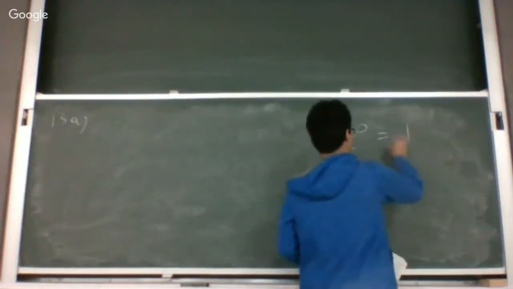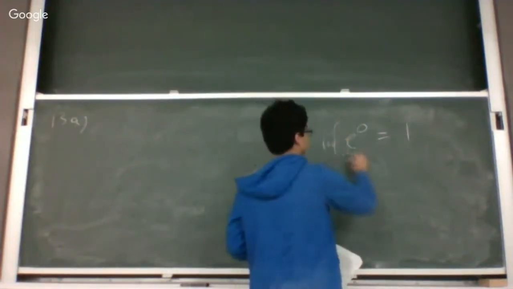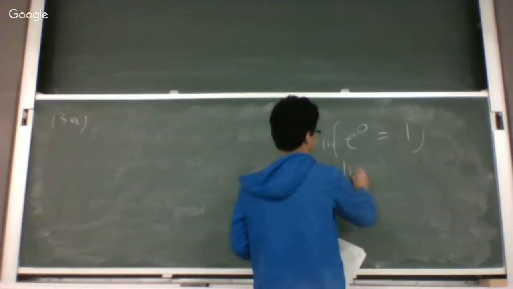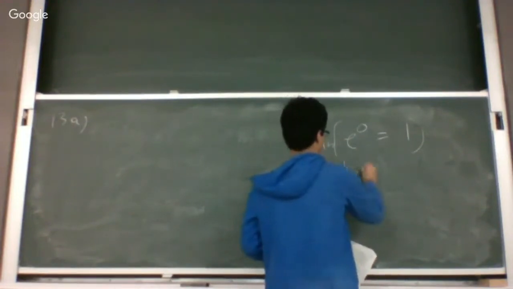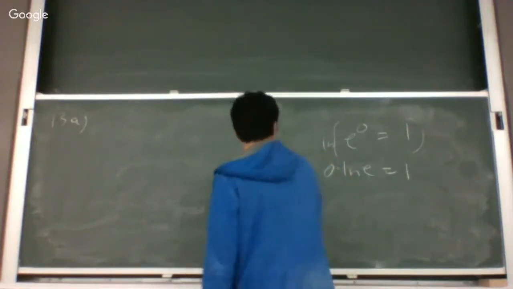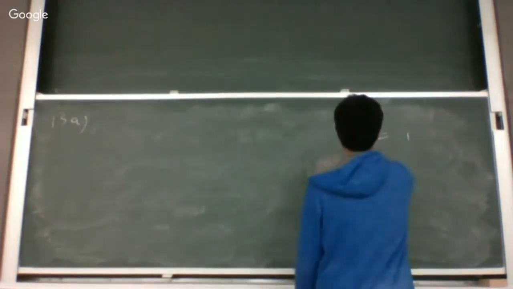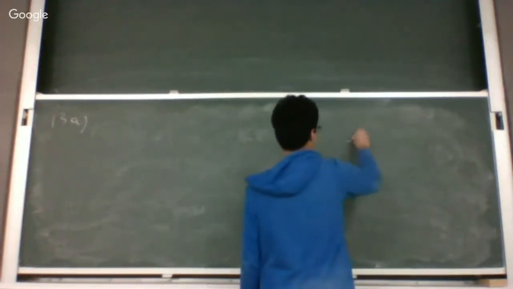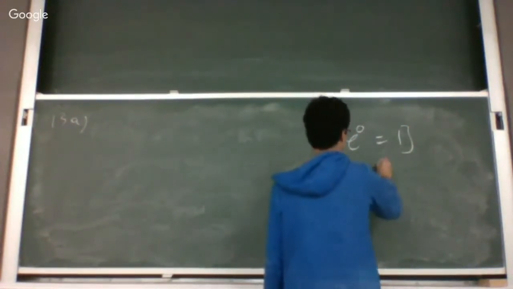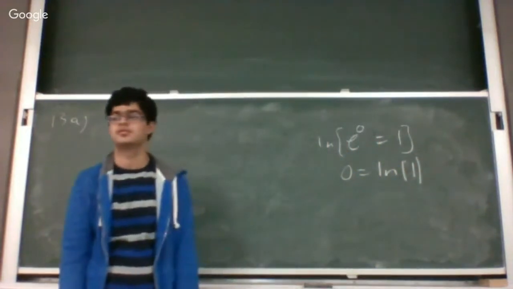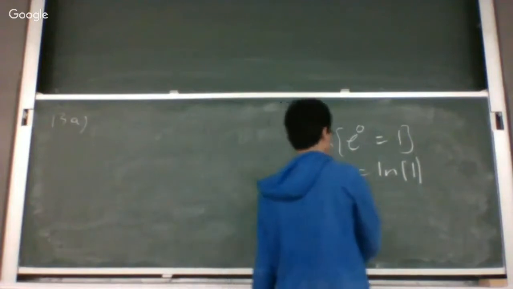So if I do the natural log of both sides, e to 0 is equal to 1, and taking the natural log of both sides, 0 is equal to the natural log of 1. Okay? So just know that it's helpful in the integral.